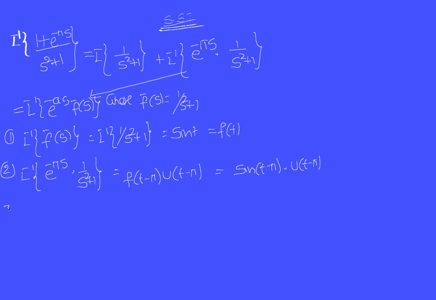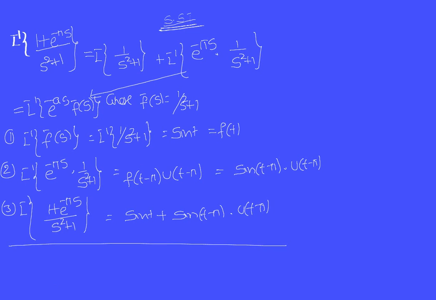Third step: L inverse of (1 plus e power minus pi s) by (s square plus 1) is equal to sin t plus sin (t minus pi) into u of (t minus pi). This is the answer.